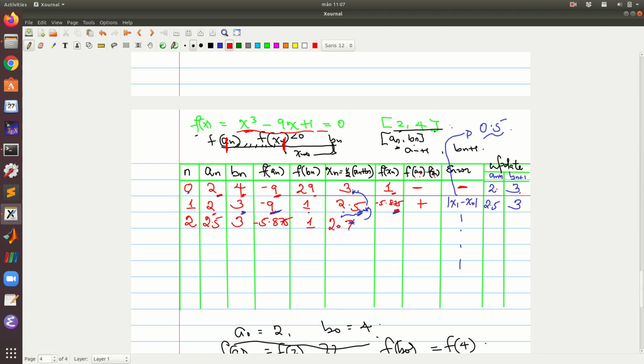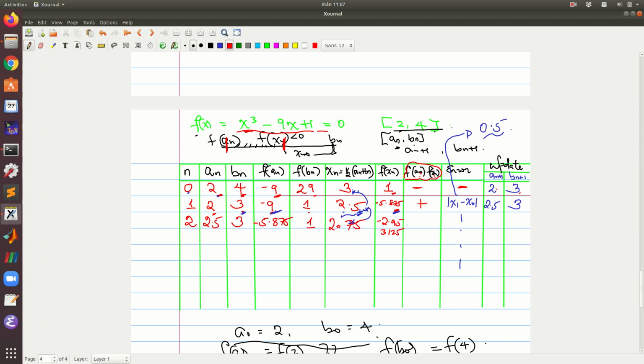This is 2.75, and then we found out that this is negative 2.953125.